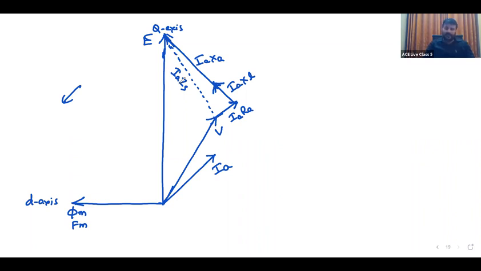And E is equal to V plus IA RA plus IA XS.